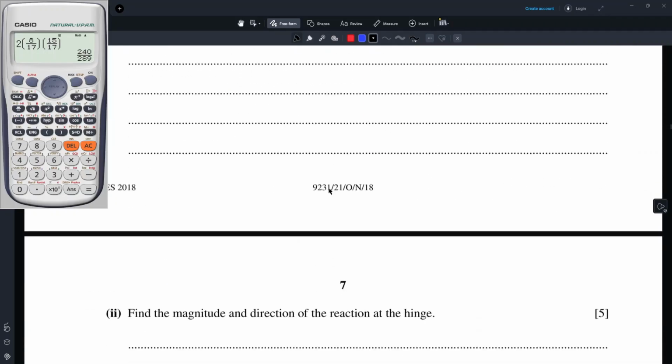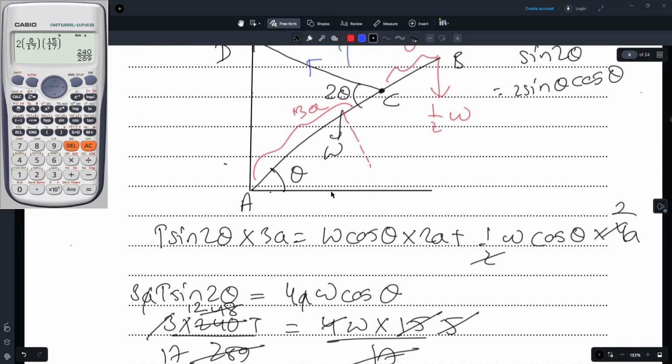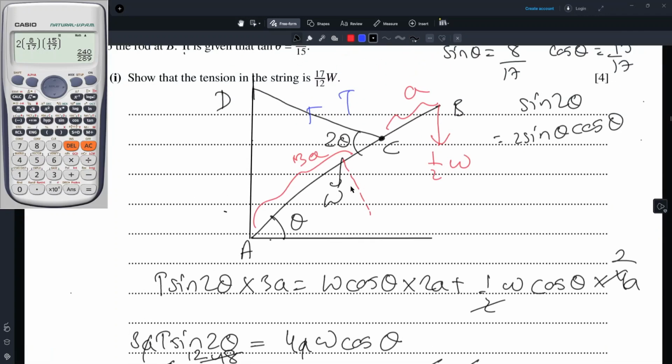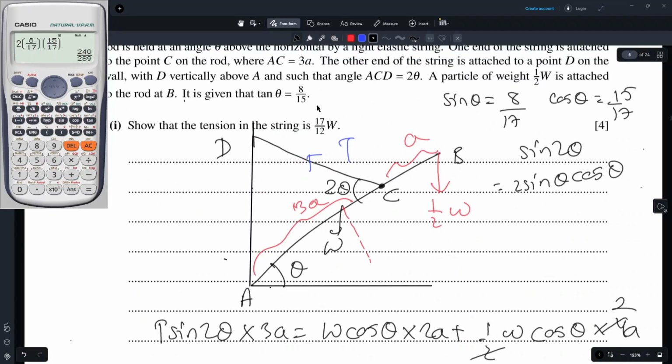But the way we can find it is like this. For the X direction, I can just find the resultant of all the different forces. The only force in the X direction happens to be minus T cos theta.